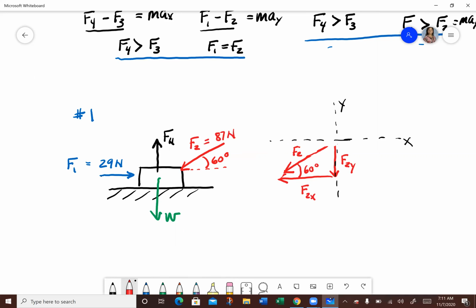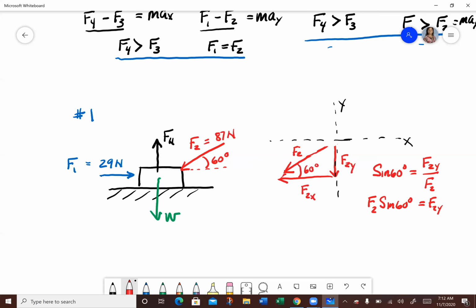So keeping it like that, I recognize that my F2y is on the opposite side of the sine of 60. So I will write sine of 60 degrees is equal to F2y divided by F2. So F2 sine 60 degrees is equal to F2y.